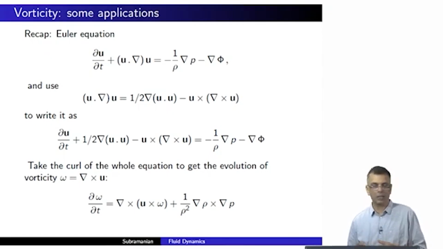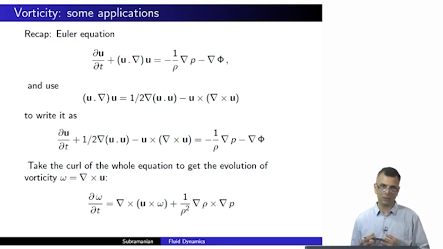You've already encountered these things before, P equals nkT for instance. Many fluids in real life are barotropic, and in doing so we will get an evolution equation for this quantity called the vorticity, and that has very nice applications.